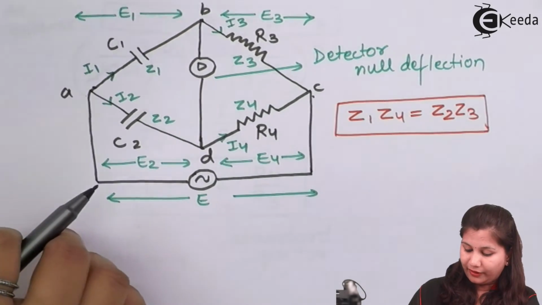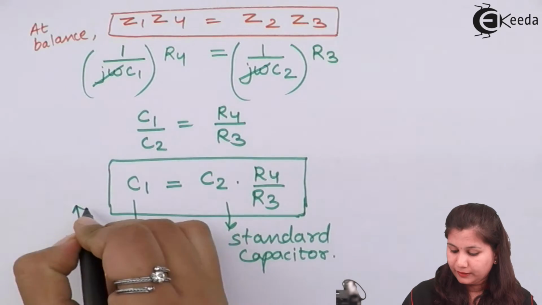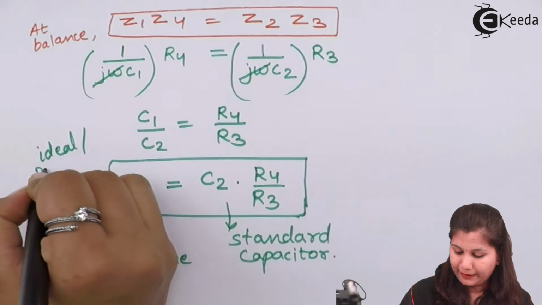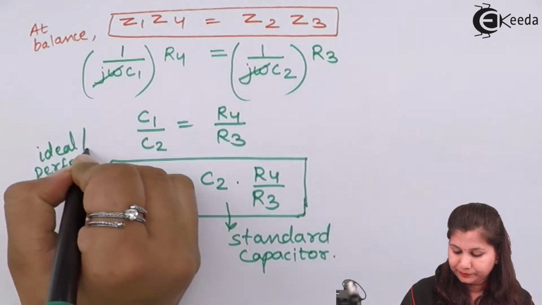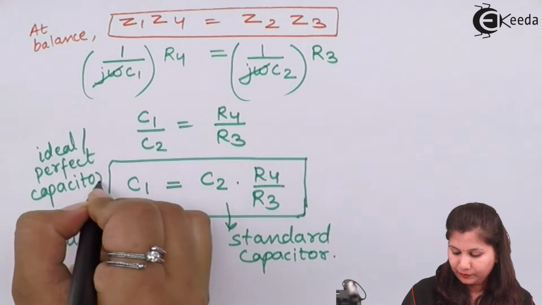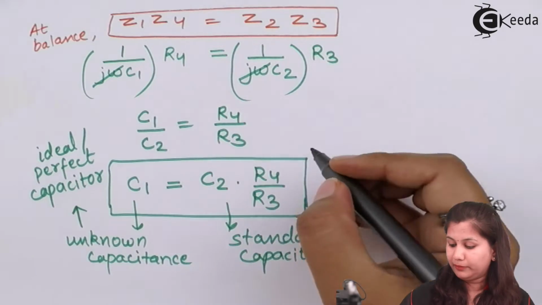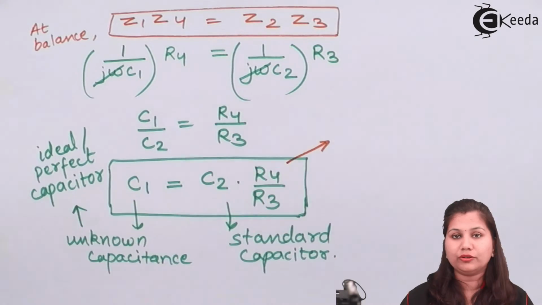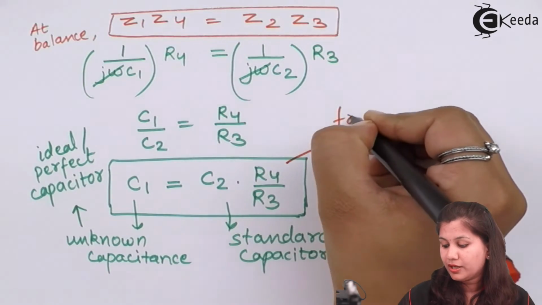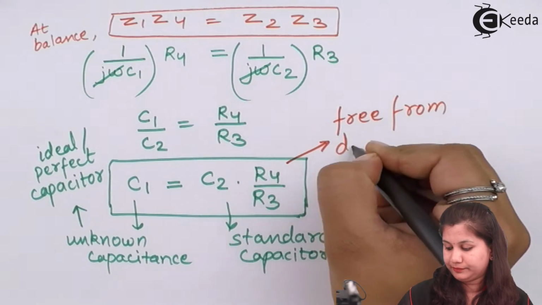So here the value of the unknown capacitance will be for an ideal, or we can say perfect capacitor. Or we can say it is the limitation of this D-Sauty bridge that it measures the value of the capacitance for only those capacitors which are free from dielectric losses.